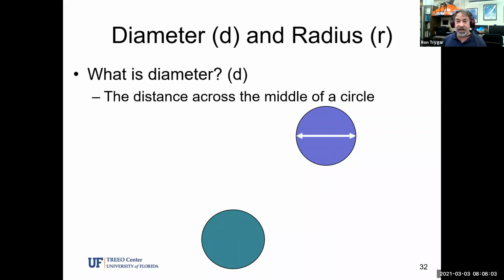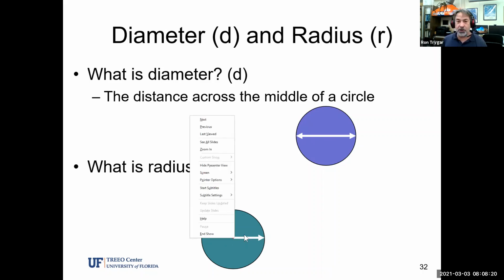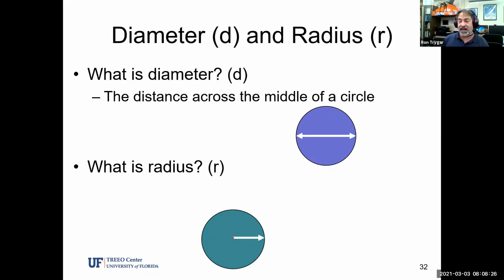So from perimeter edge to perimeter edge, all the way across the center is known as diameter. And the radius is half of that distance. So if we were to start our arrow here in the center and then work over to the edge, then we would have what's known as the radius. So it's half of the diameter.